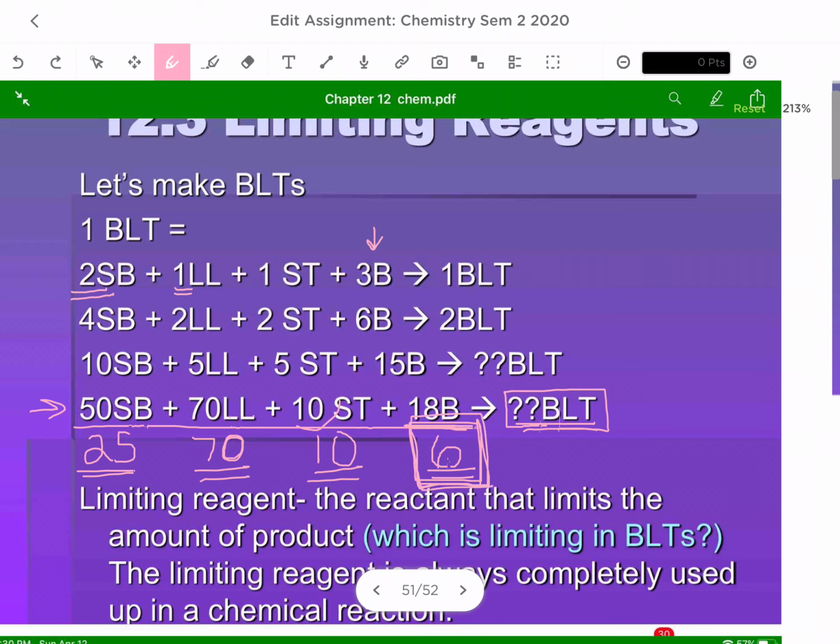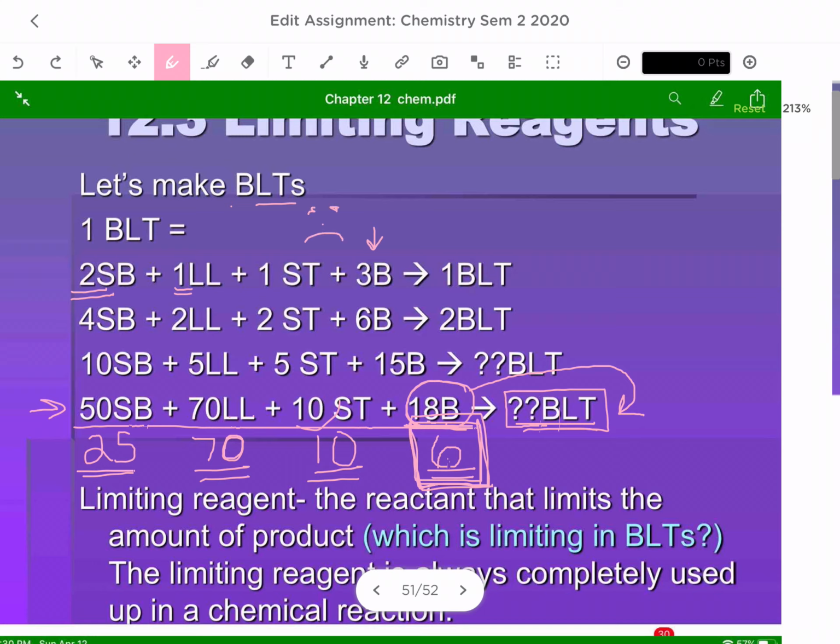In other words, I only have enough bacon, and after I make 6 sandwiches, I don't have any more bacon to make BLTs. So if I look up here, I would just have lettuce and tomato sandwiches, and that is no good at all.